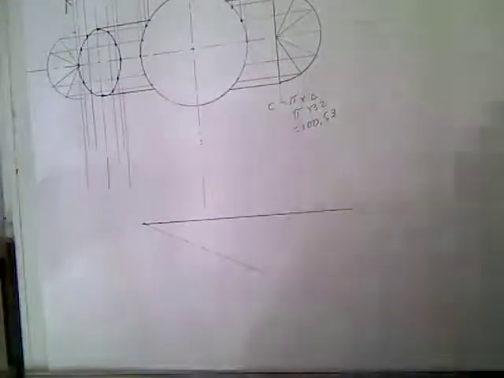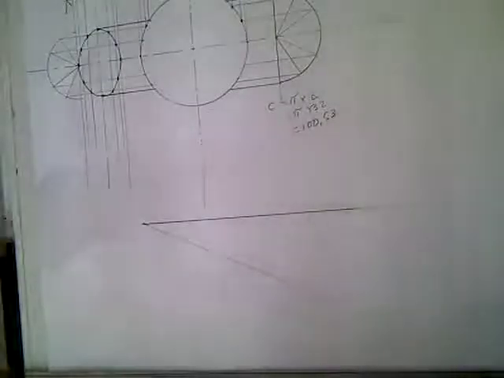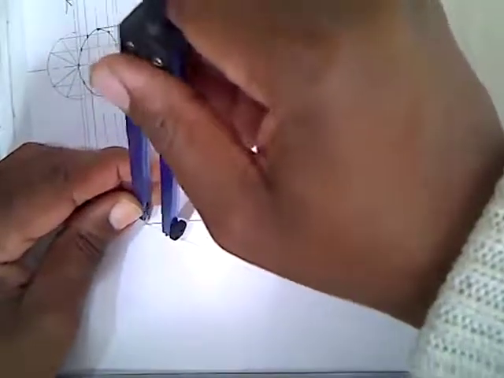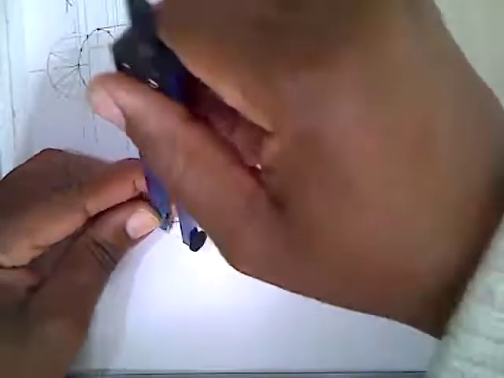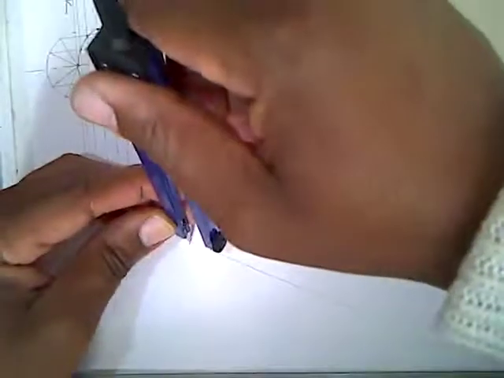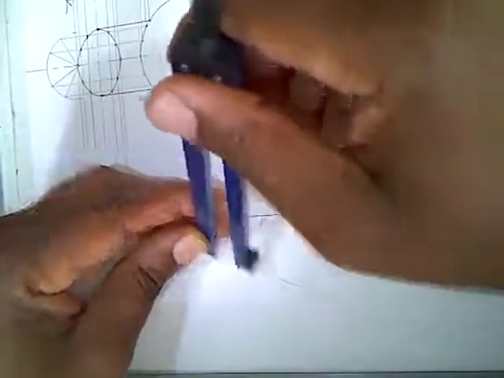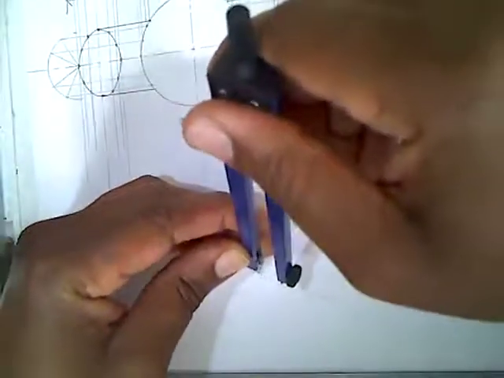You draw a line, and then on that line, I take my compass. I make 12 equal divisions on that line. I don't measure these divisions. Just anything that will give me 12 divisions here.